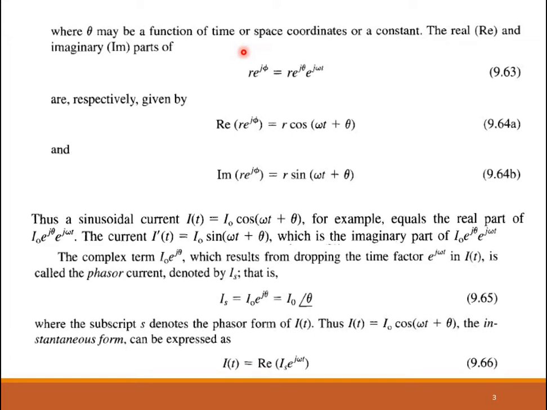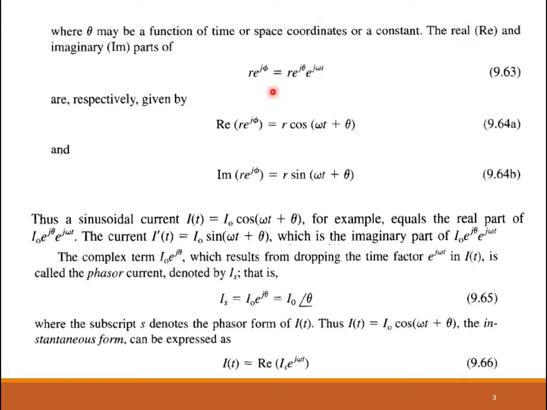Supposing I'm writing phi as omega t plus theta, then what happens when you split it and write it as real and imaginary parts? This again you're familiar with. We have r e raised to j phi. In place of this phi, I'll substitute omega t plus theta. So what does this become? It can also be written as r e raised to j in brackets theta plus omega t, which can further be written as r e raised to j theta into e raised to j omega t.